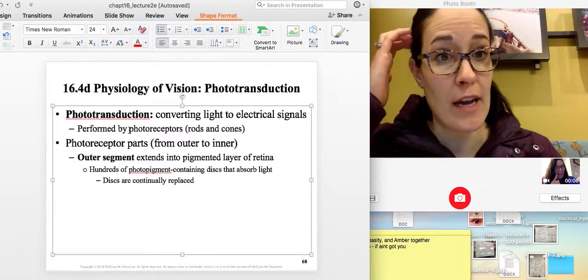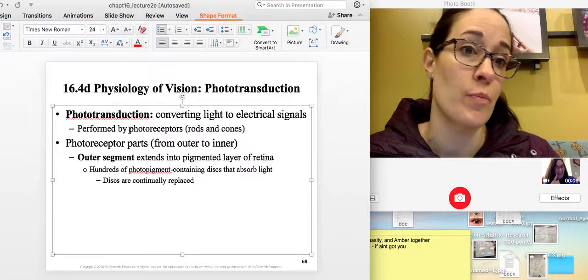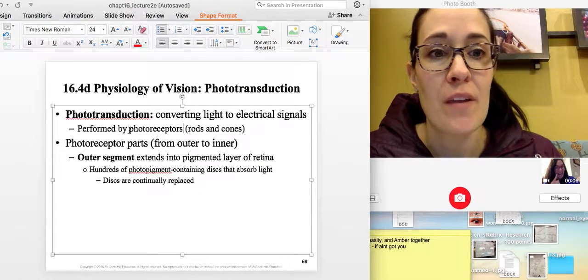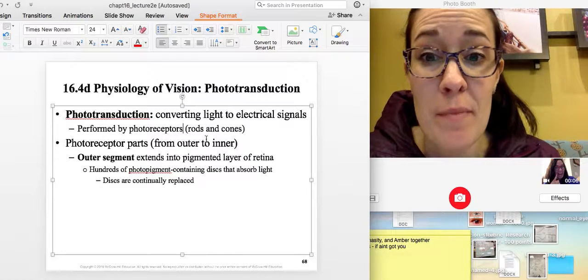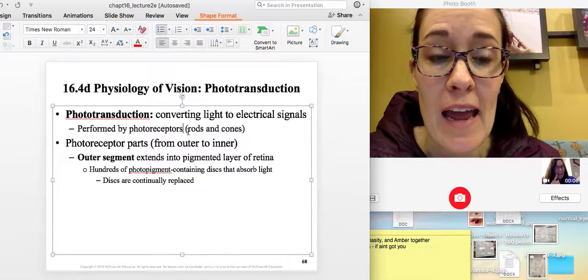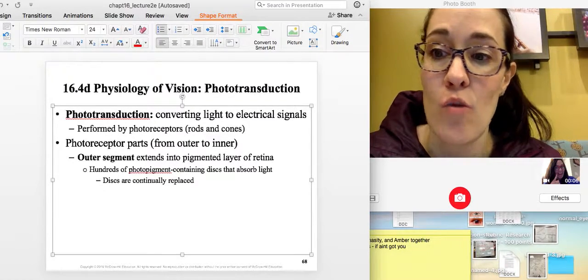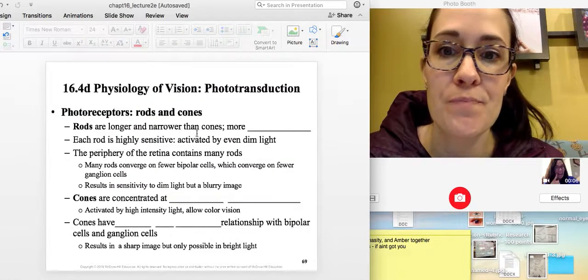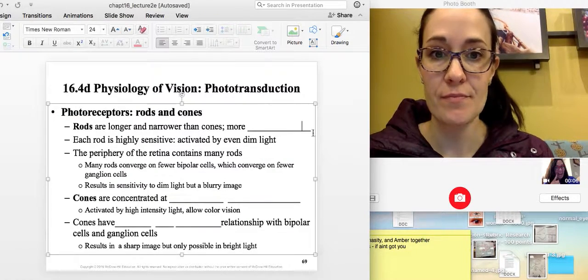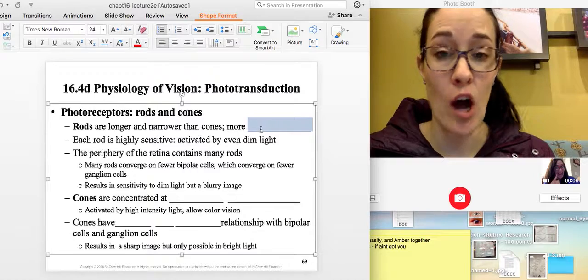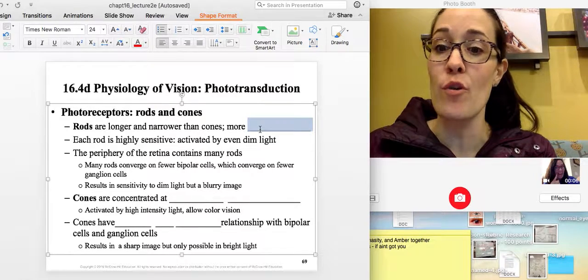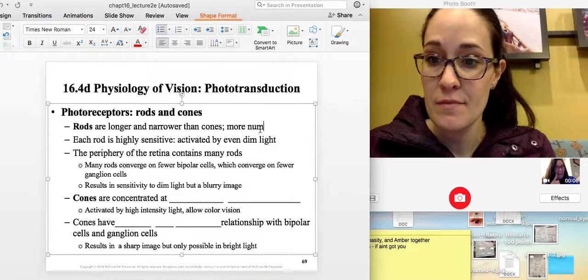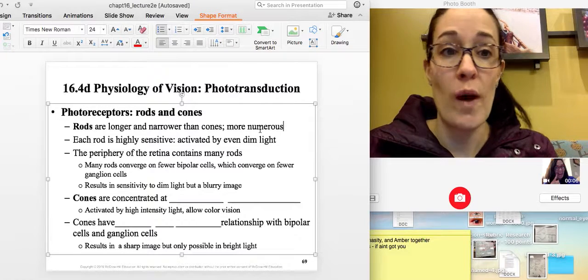They're carried in discs that are placed regularly. You have about 100 million rods per eye and 10 million cones per eye. Rods are longer and narrower in shape and they're quite more numerous.